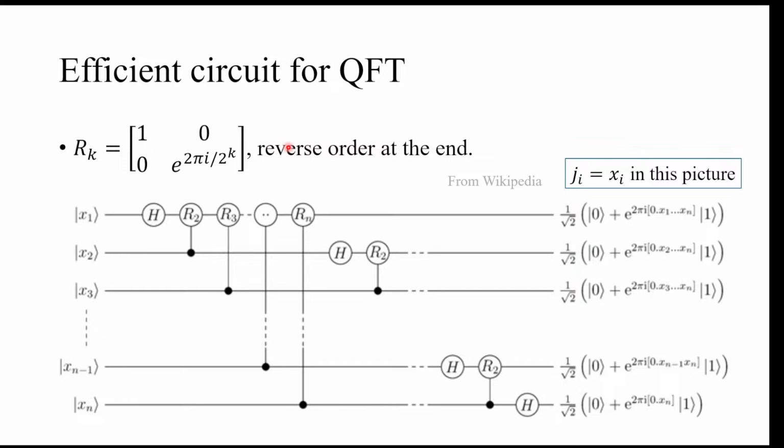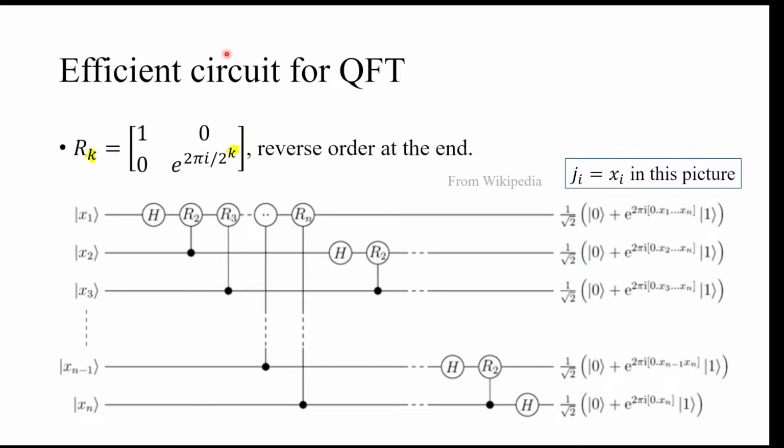So this gate is actually a family of gates. It's indexed by this k, and the phase you apply is exponentially small in k, so it's e to the 2 pi divided by 2 to the k.